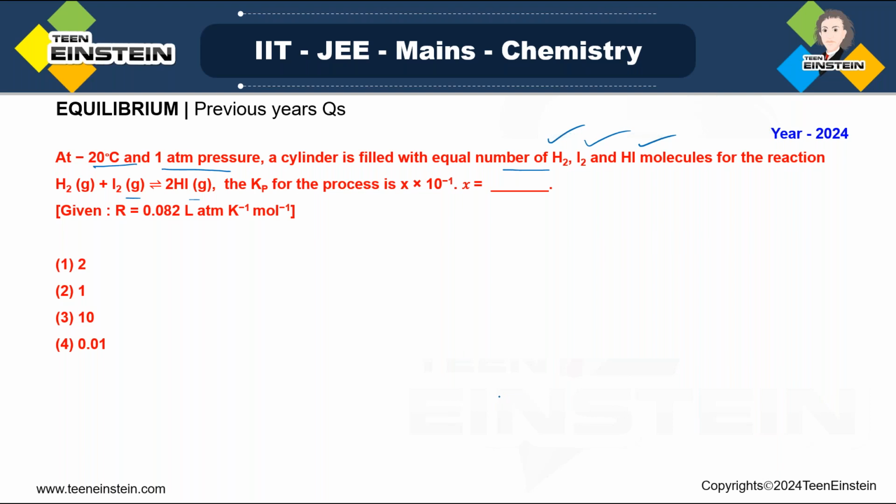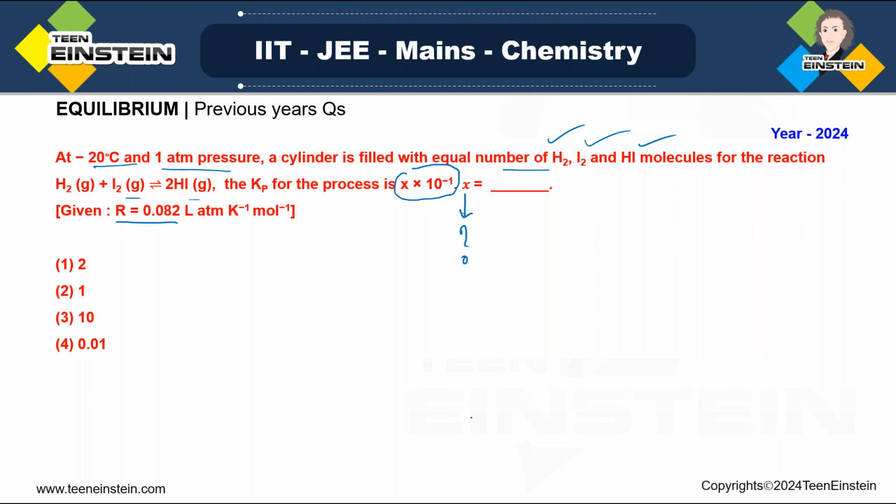You have to find the Kp value for the process, and the format is X into 10 to the power minus 1. You have to find the value of X. Look at this, it is not that you have to find the value of Kp. Kp you have to express in this format, then only you can find the value of X. Universal gas constant value is given as 0.082.